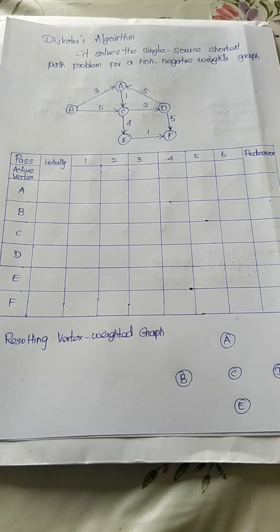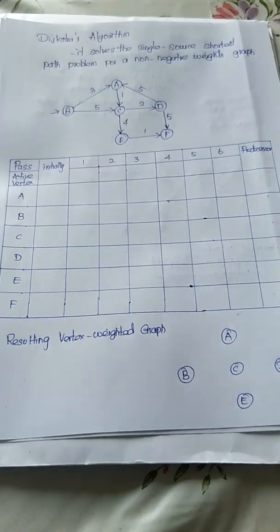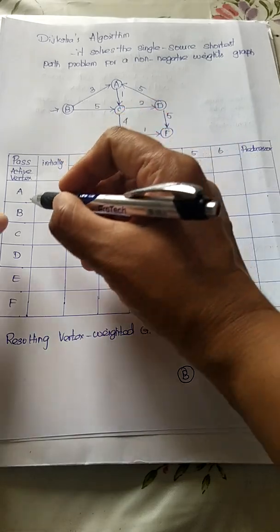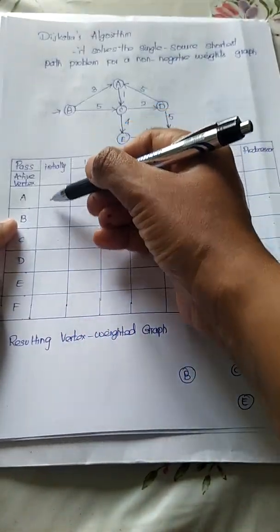Now let's start the algorithm. As per the algorithm, we initialize the distance to the starting vertex as 0. Let's assume we are going to start from vertex B. First step is initialization. Let's first fill in the first column.